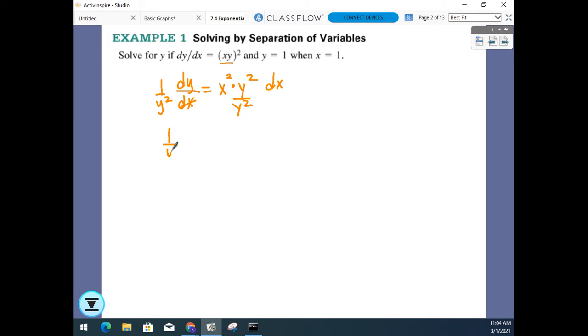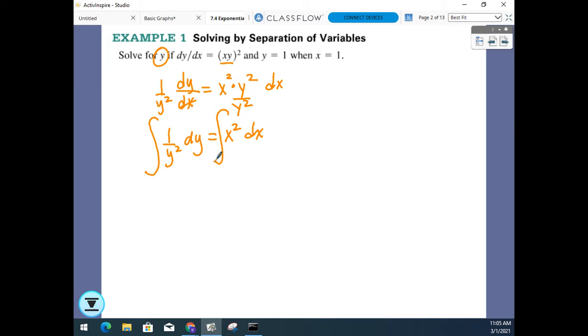So let's rewrite this so it looks a little bit nicer. And then, we're solving for y. This is our initial value. We want to get y by itself. We want to have y equals what original equation. So then we integrate both sides.